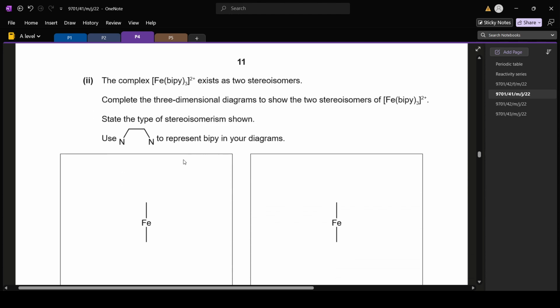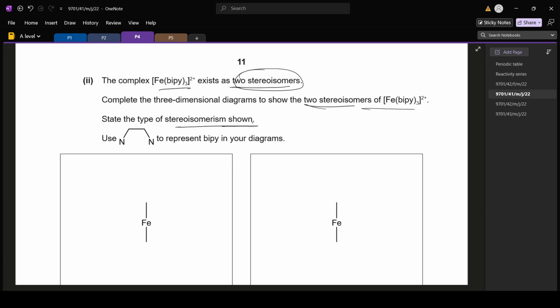The complex Fe(bipy)3 exists as two stereoisomers. Complete the three-dimensional diagrams to show the two stereoisomers of Fe(bipy)3, and state the type of stereoisomerism shown.